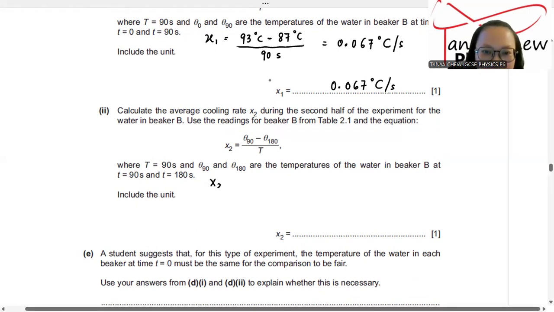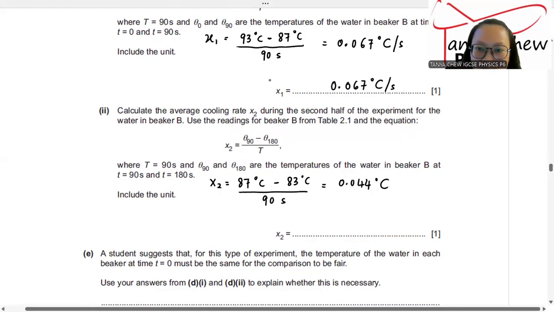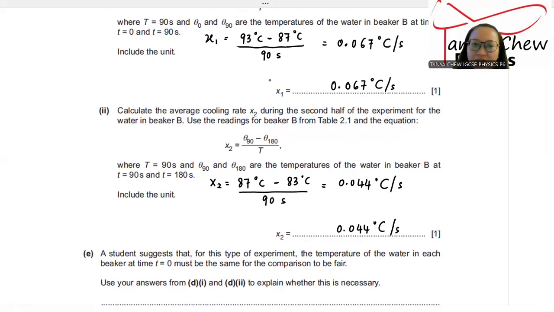So X2 is equal to theta 90, 87 degrees Celsius, minus theta 180, which is 83 degrees Celsius, divided by 90 seconds. So I got 0.044 degrees Celsius per second. Do you know why I put it in terms of two significant figures? Because my raw data, theta 90 has two significant figures, theta 180 has two significant figures. So that is why I put it in two significant figures. And X1, same goes for X1.